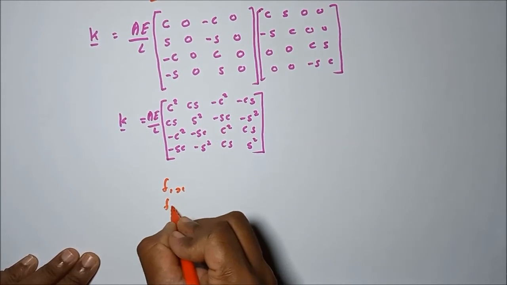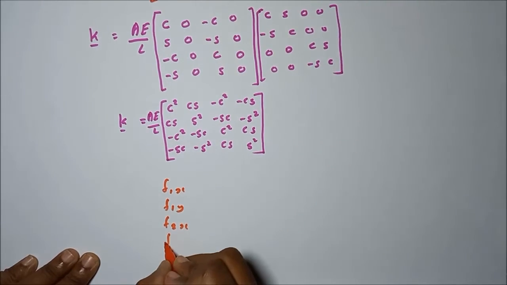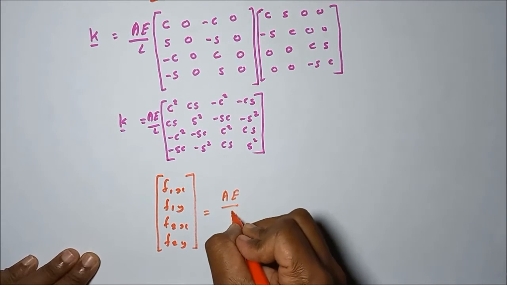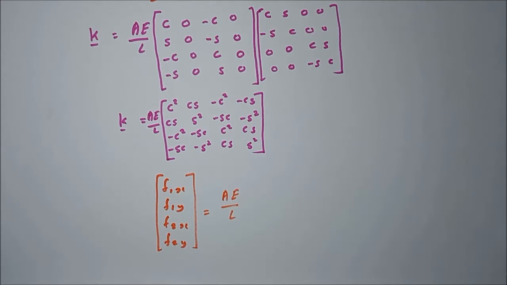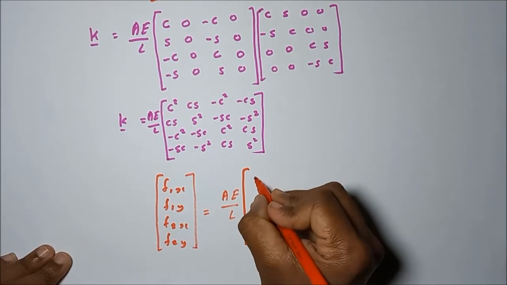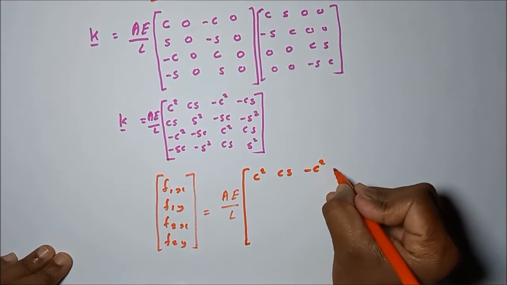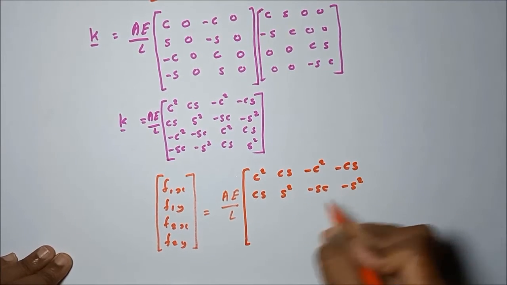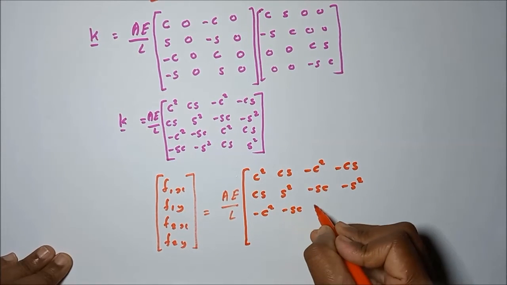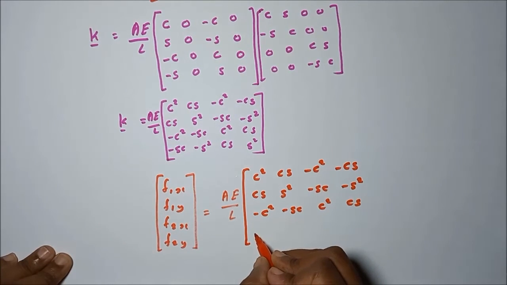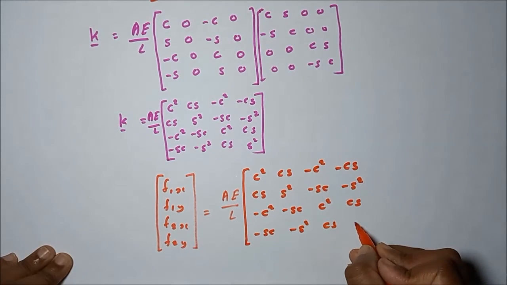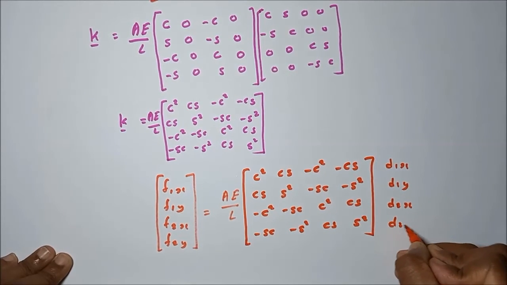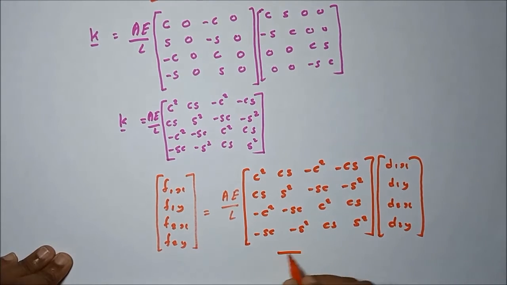The f1x, f1y, f2x, f2y are related with the stiffness matrix AE divided by L, times C square, CS, minus C square, minus CS; CS, S square, minus CS, minus S square; minus C square, minus CS, C square, CS; minus CS, minus S square, CS, S square. Then the d1x, d1y, d2x, d2y.